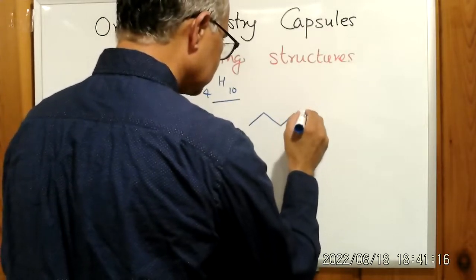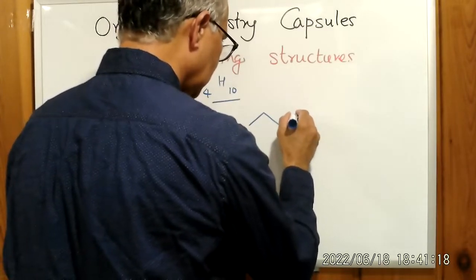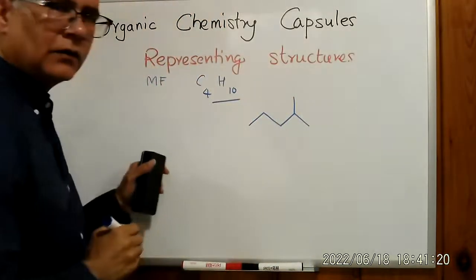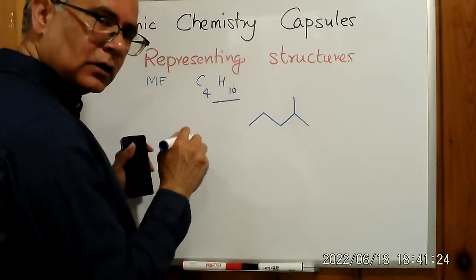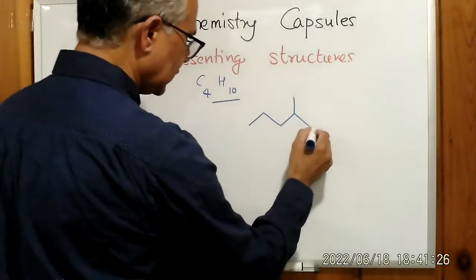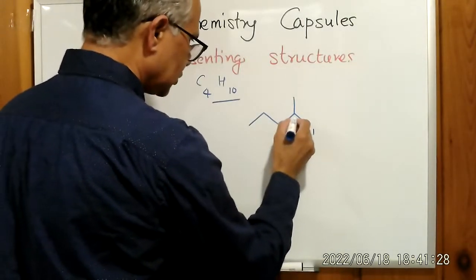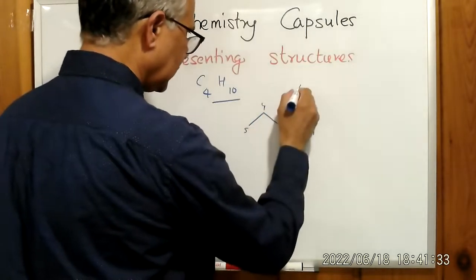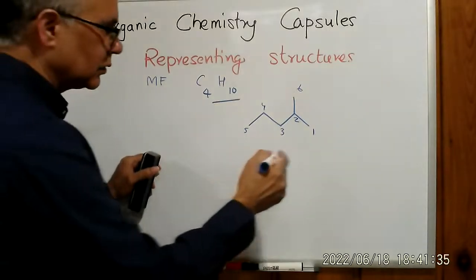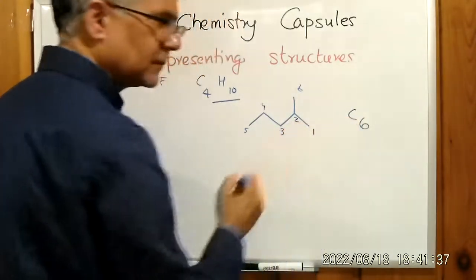I will do, just to complicate this stuff a bit, I'll do it that way. So now let's number the carbons first. So there's a carbon there, 2, 3, 4, 5, 6. There's 6 carbons, so C6.